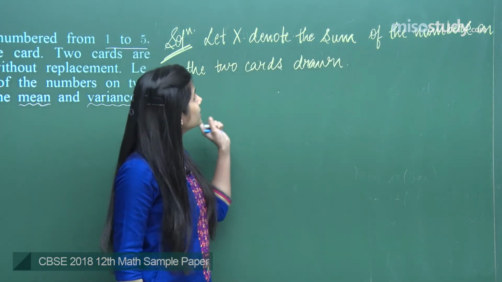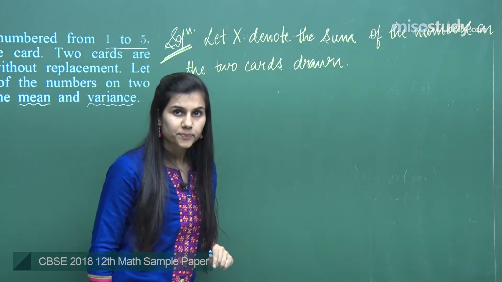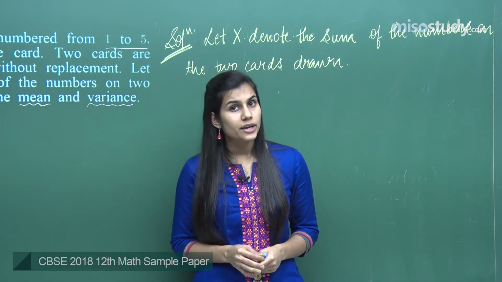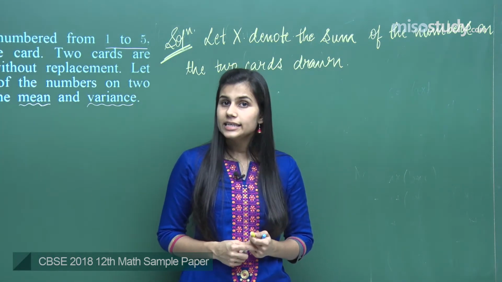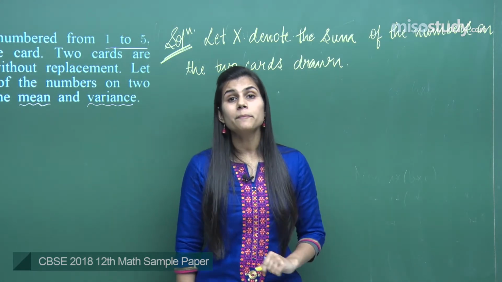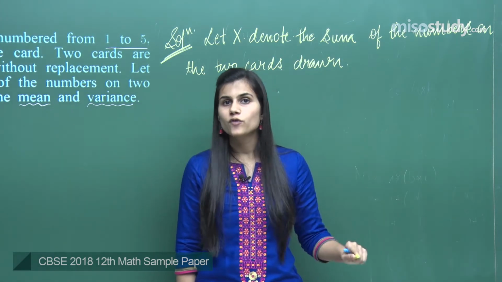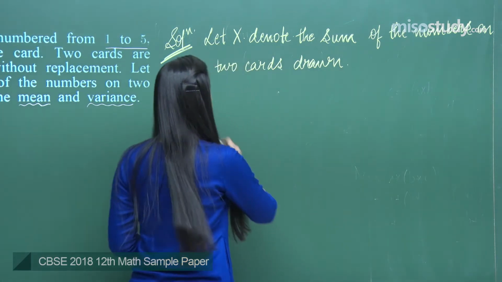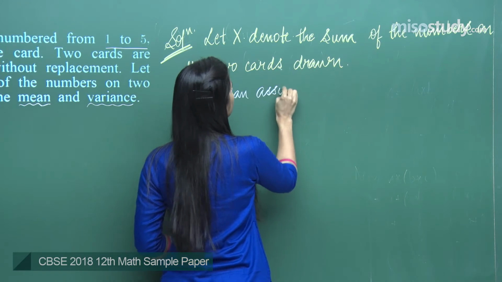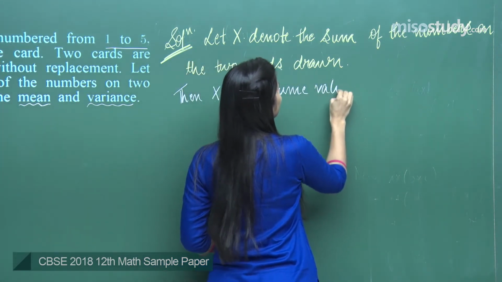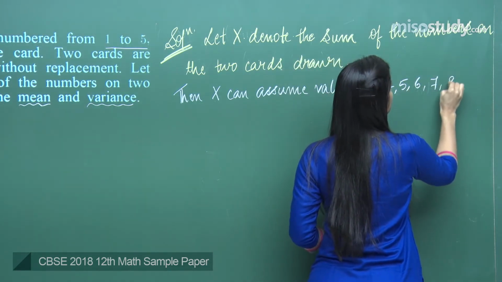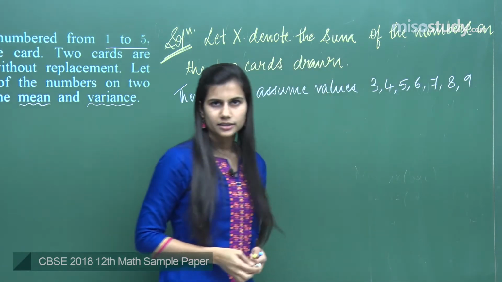If X is denoting the sum of the numbers on the 2 cards drawn, both the cards are ranging from 1 to 5. So the sum can range from where to where? The minimum the sum can be is 3, because 1 plus 2 or 2 plus 1 is 3, and the maximum the sum can be is 9, 5 plus 4 or 4 plus 5. So then X can assume values 3, 4, 5, 6, 7, 8 and 9.